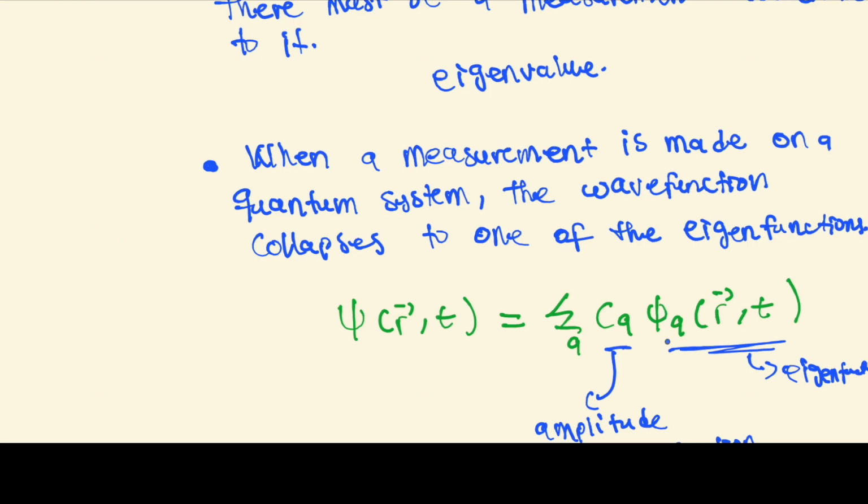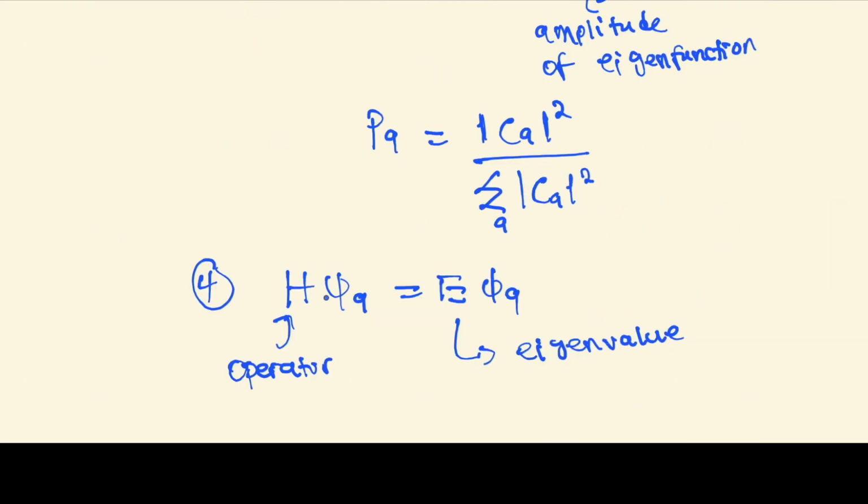We want to extract this measurement because that's the physical property we're interested in, and to do that we need to act on our eigenfunction with some sort of operator. Also, due to our interference pattern, we know that our equation needs to be linear. So the simplest equation that we can write for obtaining the eigenvalue is an equation of this form.